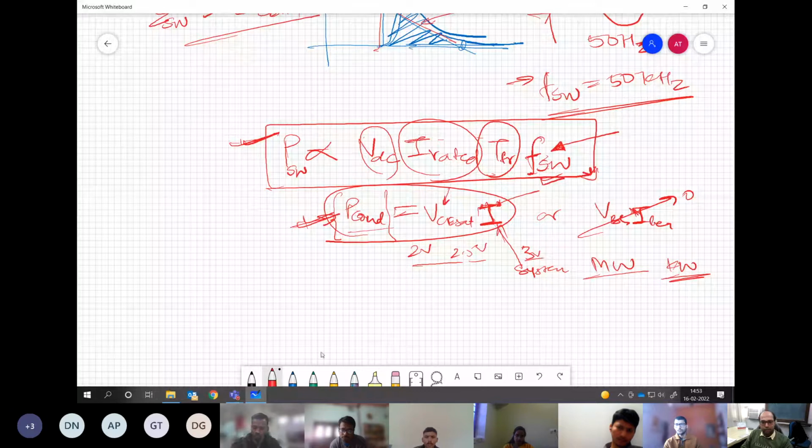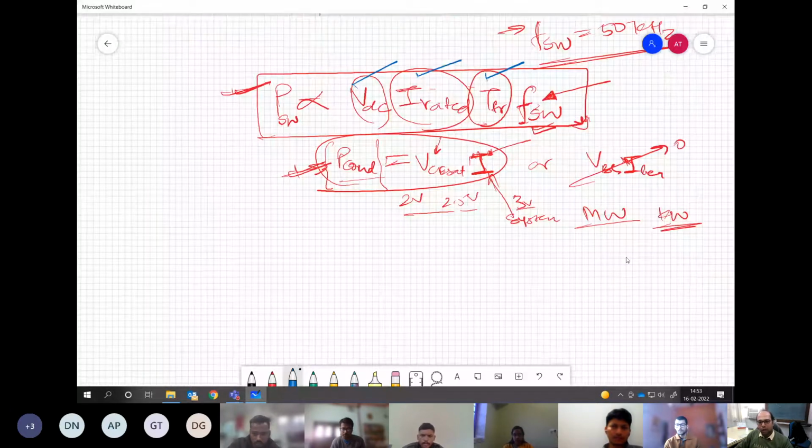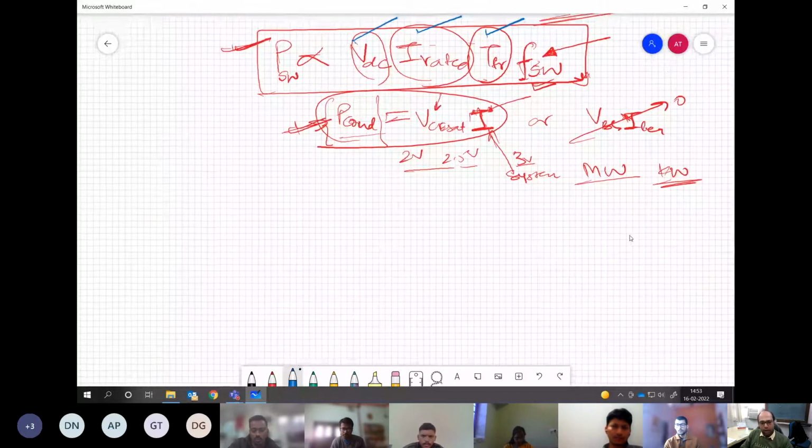Other things are fixed: VDC is fixed with the system, I rated is fixed, transition time is fixed with the device. So this is where we need to understand how much switching energy loss or power loss we can tolerate in the system.